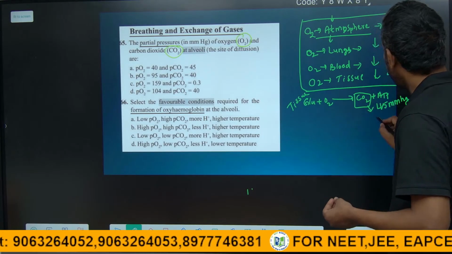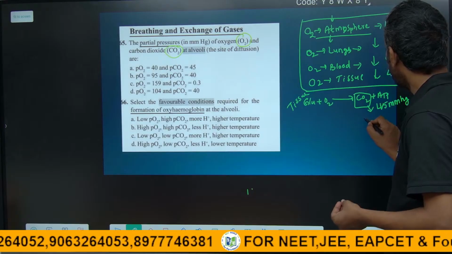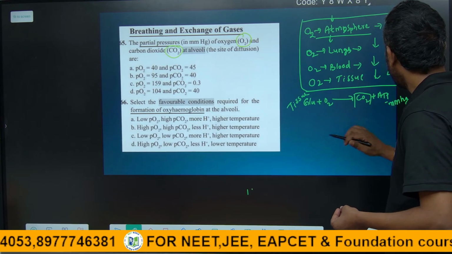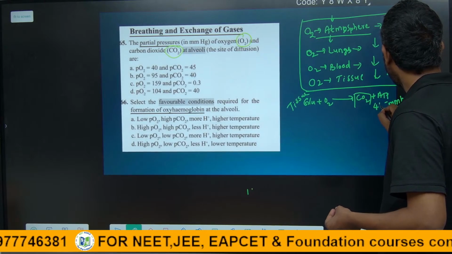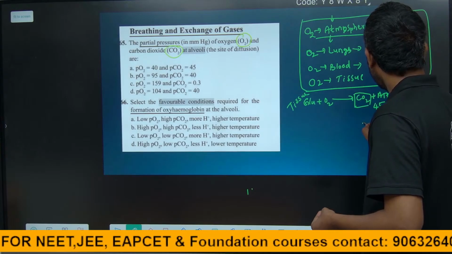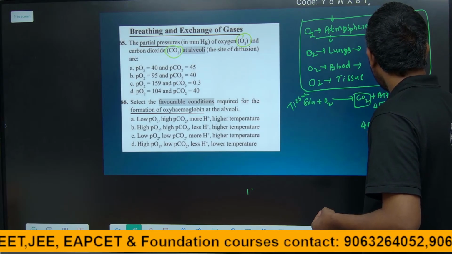It enters the blood as deoxygenated blood, also at 45 mmHg.